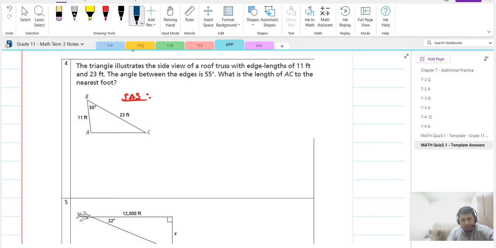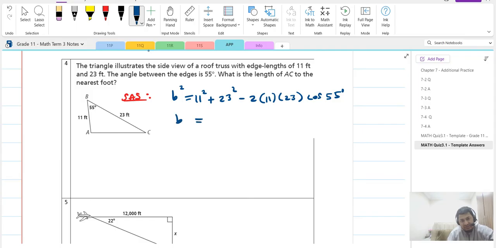So we want to find the length of AC. The length of AC is actually B. So AC squared is equal to B squared. We know AC is B. So B squared is equal to 11 squared plus 23 squared minus 2 times 11 times 23 cos 55 degrees.